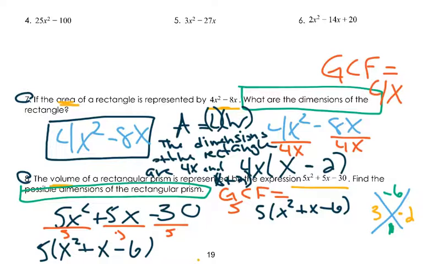That's what I'm going to put back in. I'm going to keep the 5 outside. I have x squared plus 3x minus 2x minus 6. Then I'll put my parentheses.